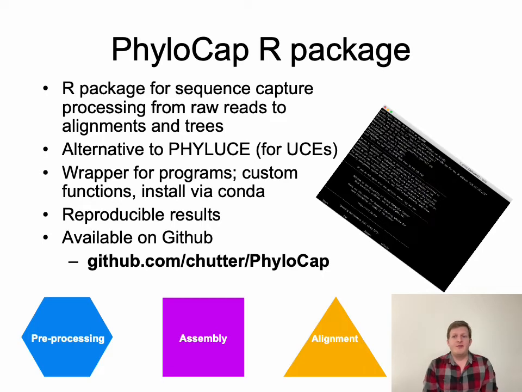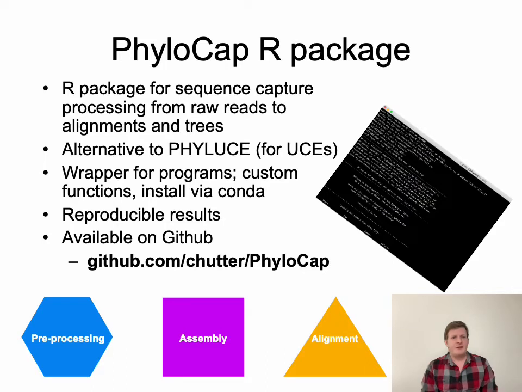To analyze the sequence capture data, I created an R package called PhyloCap. This R package can process your data all the way from raw reads to alignments and trees. It is an easier to use alternative to PHYLUCE, which is only for UCEs, and it can work with any sequence capture dataset.